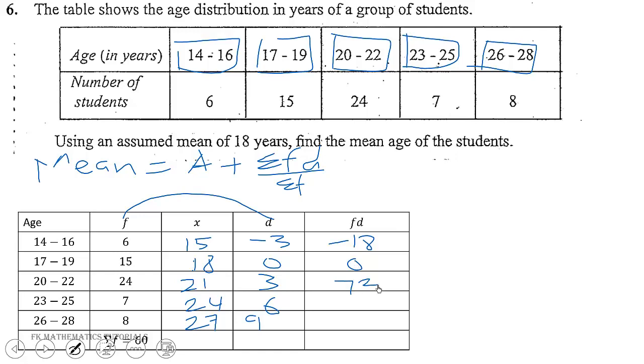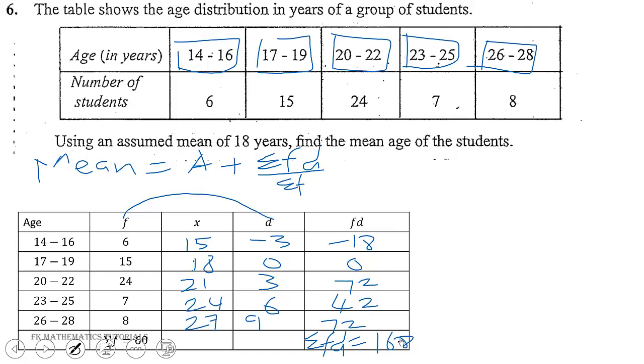Then we have 6 times 7 will be 42. Then we have 9 times 8 will be 72. So the total of the summation FD, the total of the deviations and frequencies multiplied together, is 168.